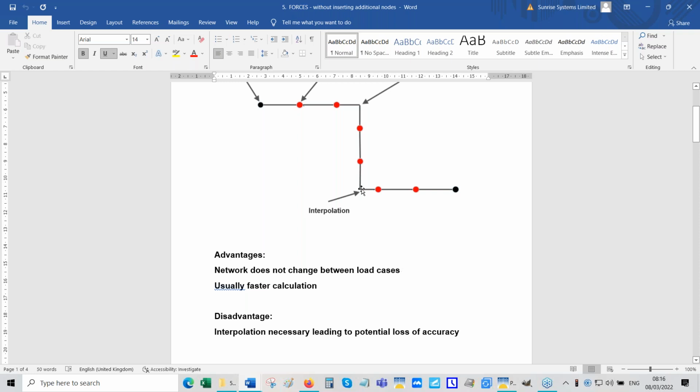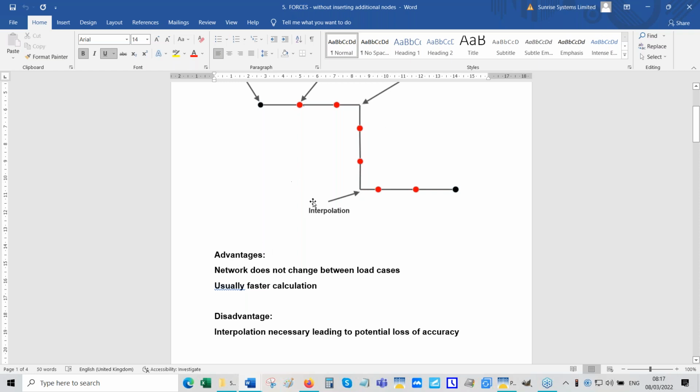that means that you either know the load cases you want to consider before you set up the network, or you change the network every time you want to consider a load case. And if you did that, and if you have 100 load cases, you'd have to create 100 networks, because you'd be inserting nodes for every load case.